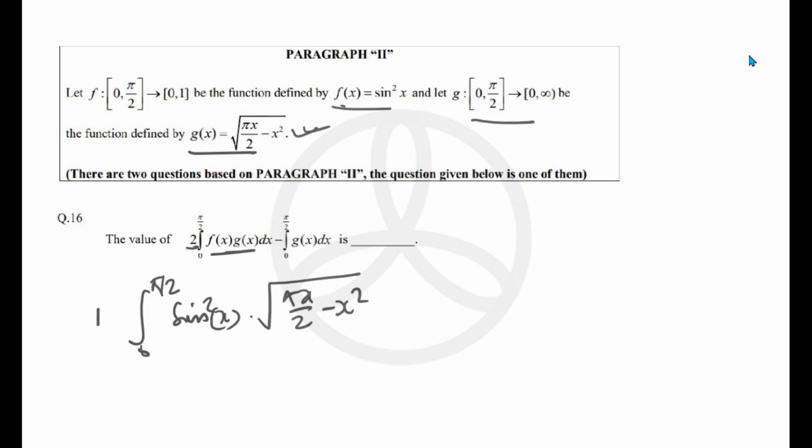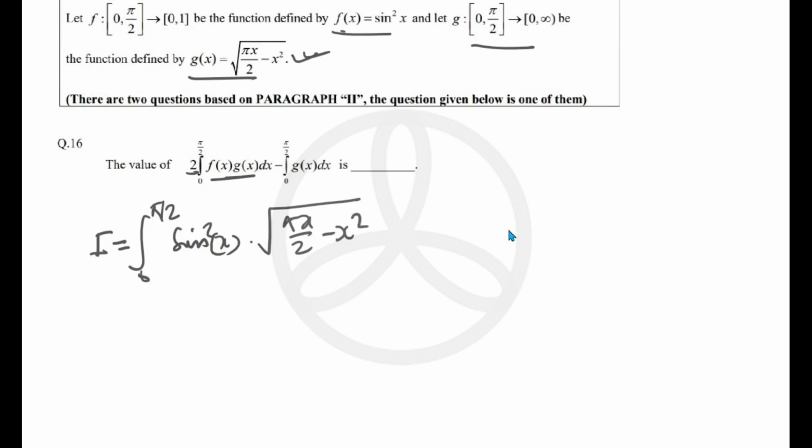Let us assume this as I. Whenever there is something given in a square root and an integration is involved, we can always see if the expression inside the square root can be made a perfect square or part of a perfect square. And it appears that here we can make that pi x square by 4 if we write it and then multiply with 2.